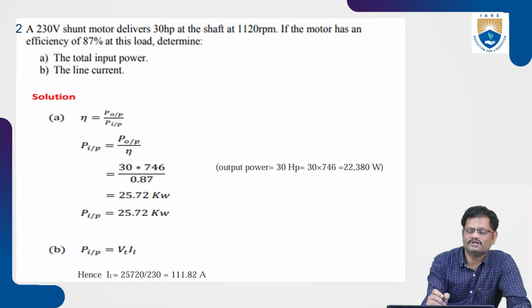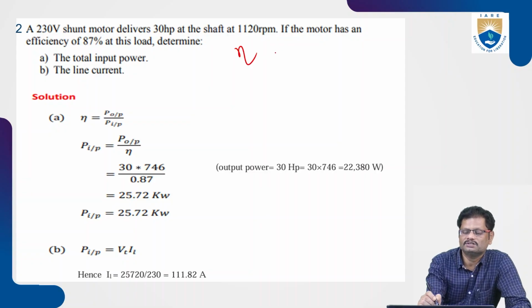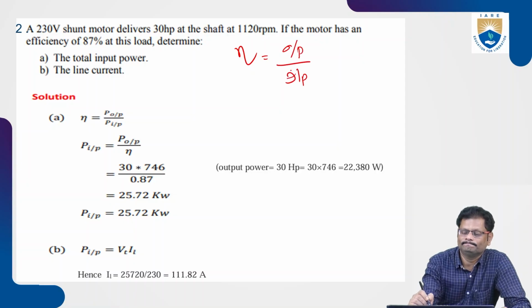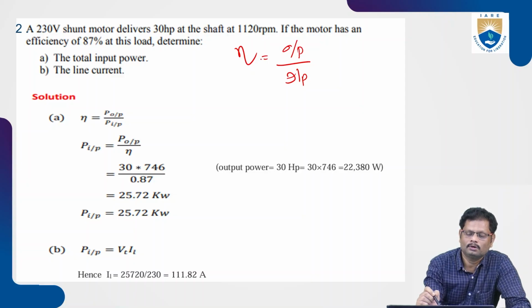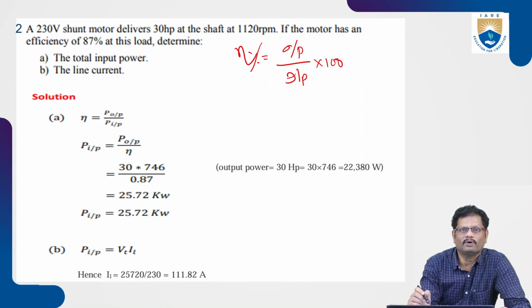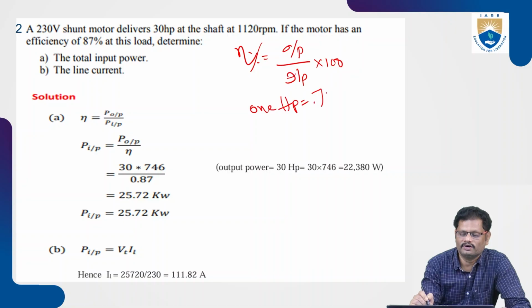We know commercial efficiency or normal efficiency equals output power by input power. If you want to express this as a percentage, efficiency percentage equals output by input into 100. Given output power as 30 HP, and we know 1 HP equals 746 watts.